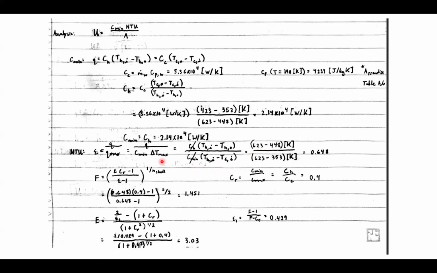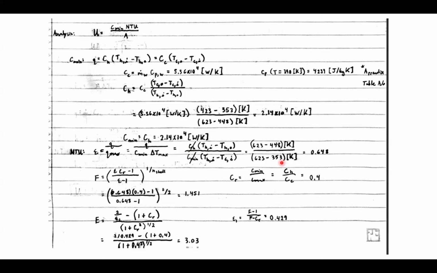Again, note that the maximum temperature difference isn't the maximum temperature difference of either fluid. If you compare the fluids, it's not the larger temperature difference between the fluids. It's the hottest temperature of either fluid minus the coldest temperature considering either fluid.